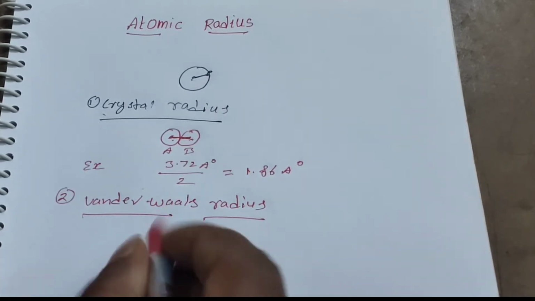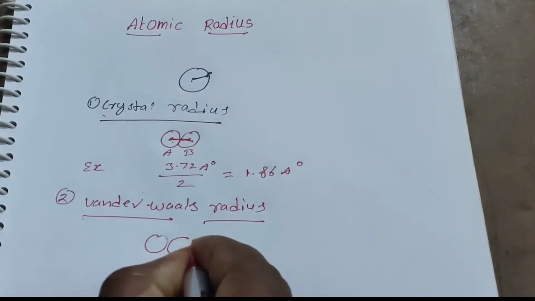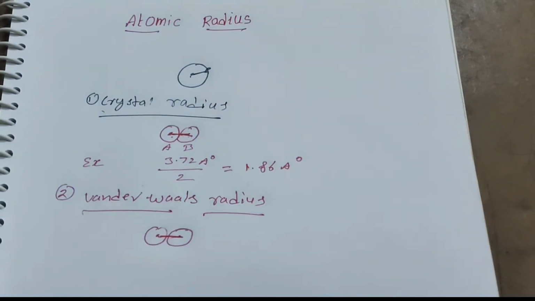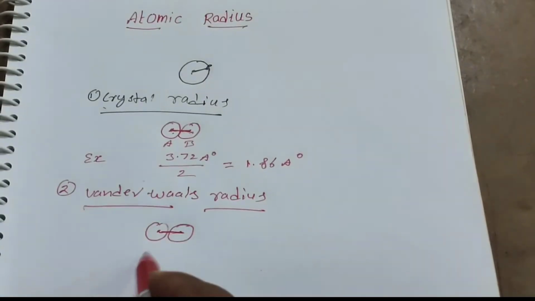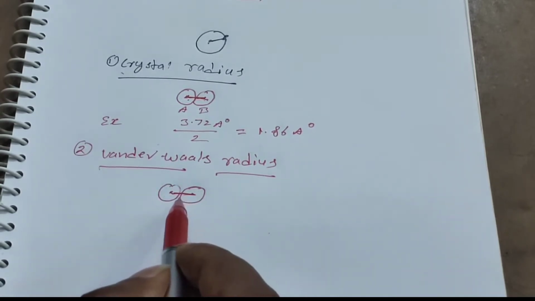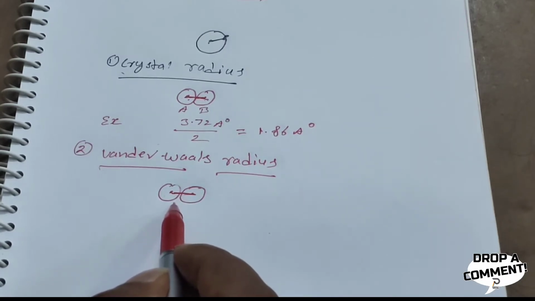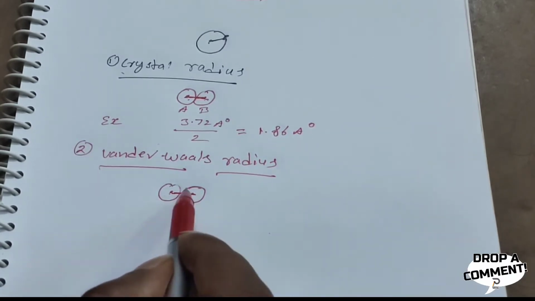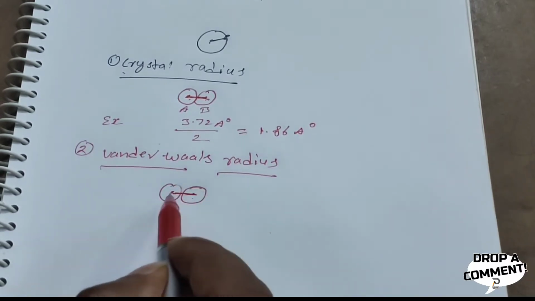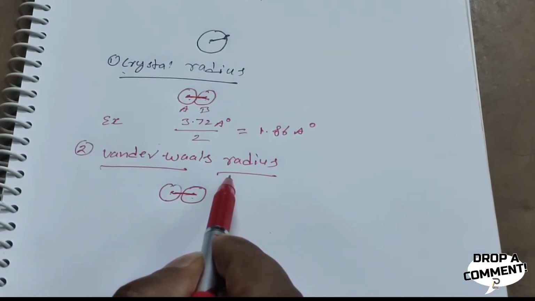For example, half of the distance between two chlorine atoms, which are very close to each other due to van der Waals force of attraction, is called the van der Waals radius. We observe this especially in non-metals, the gases which are in the solid state.